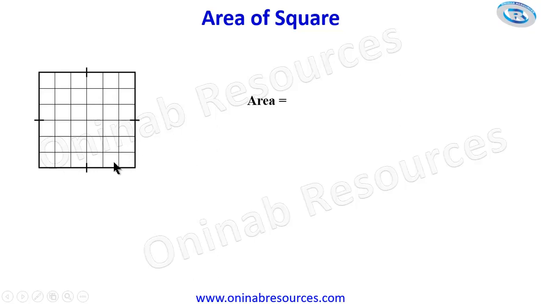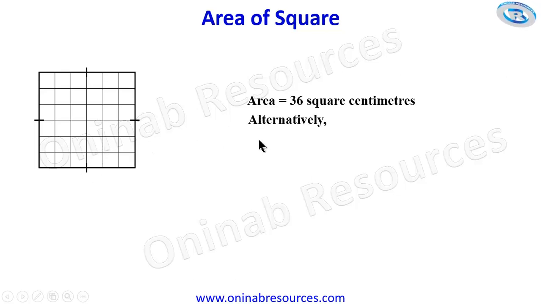So we count 1, 2, 3, 4, 5, 6. This is 6 plus 6, 12, plus 6, 18, plus 6, 24, plus 6, 30, and plus 6 gives 36. So we have 36 square centimeters, which represent the area of this square.